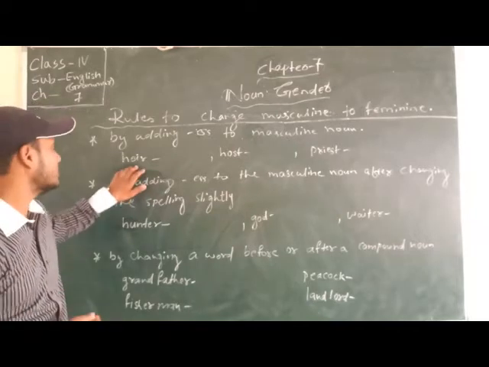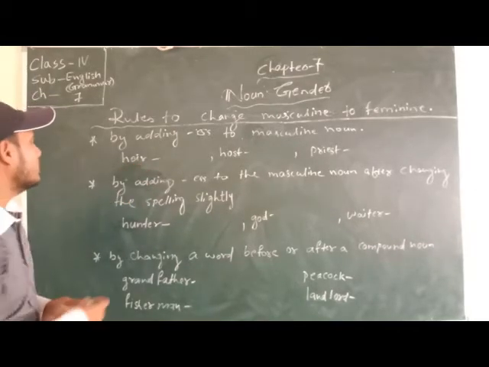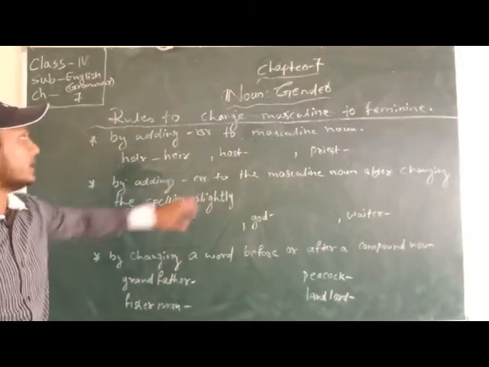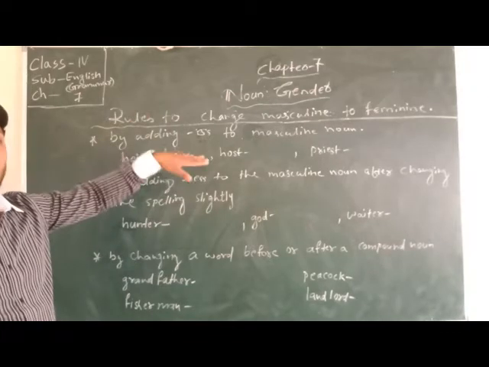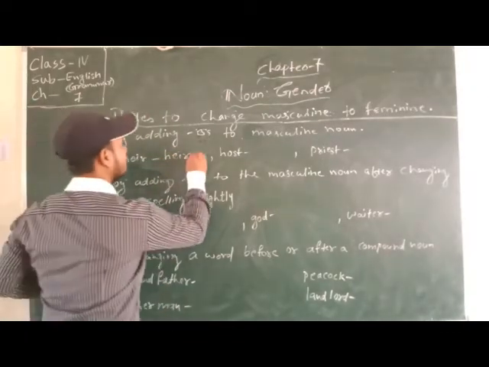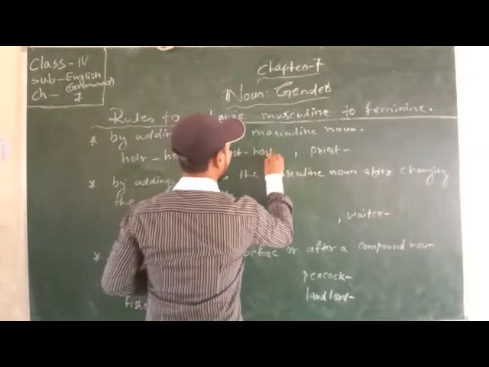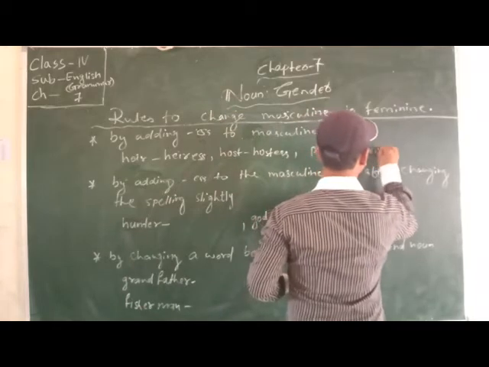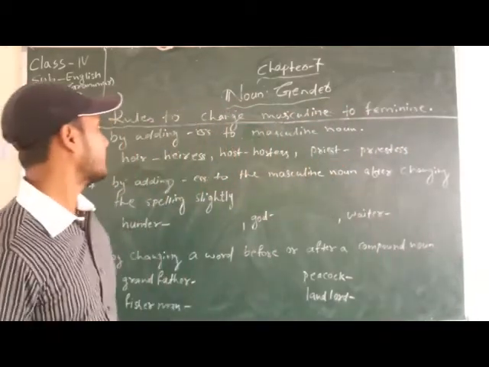So look here, the first one is heir. Here we have to add ess to make this masculine noun into a feminine noun. Similarly, host becomes hostess. Priest becomes priestess.